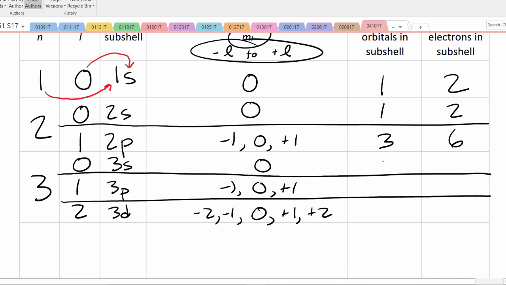So going down, we put in 1, 3, and what's next? 5. And put in a 5 because we have 5 different possible values of m sub L, which means we have 5 different orientations of orbitals in 3-dimensional space. And the number of electrons respectively would be 2, 6, and 10.